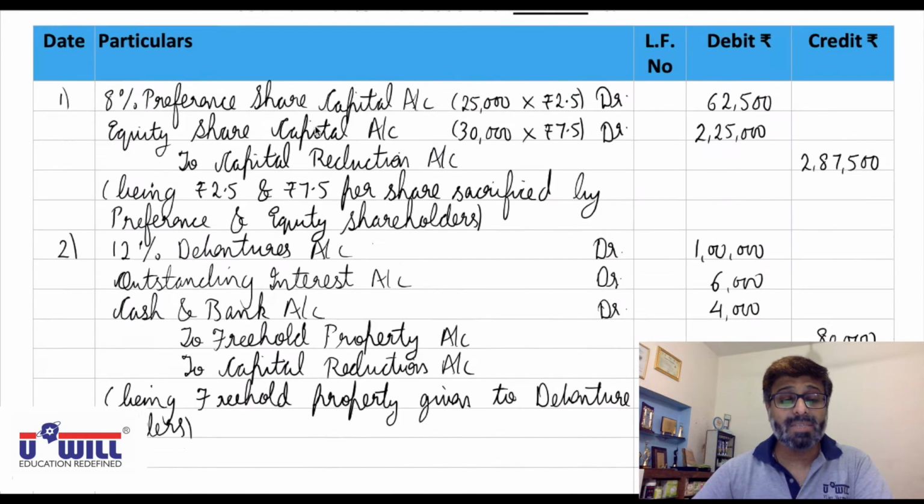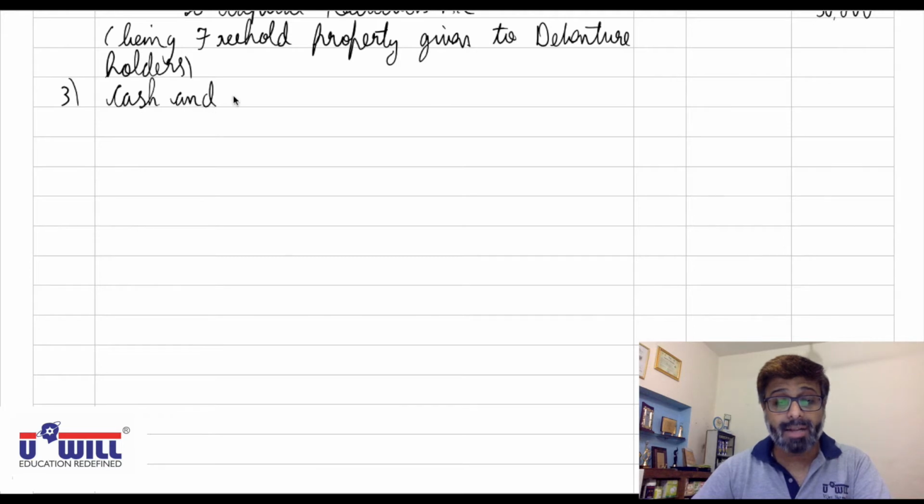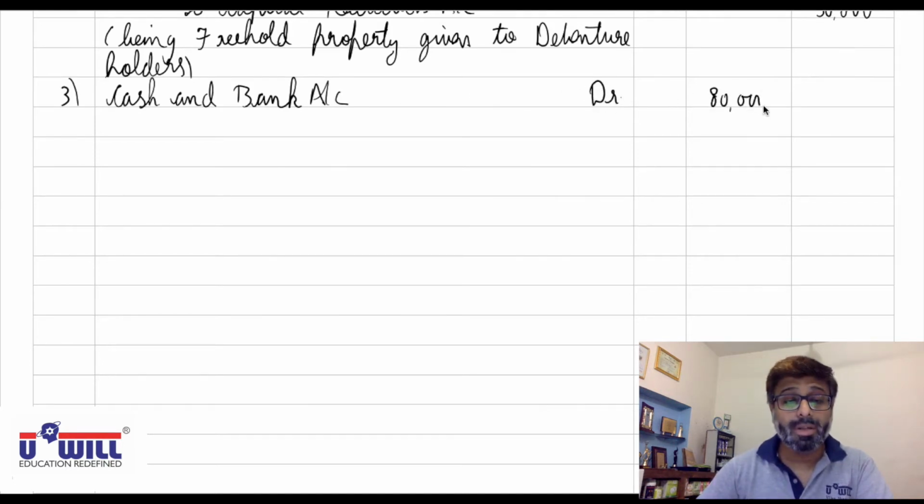Now investments are sold for 80,000. Cash comes in. Debit what comes in. So cash and bank account debit 80,000. Investments goes out. Credit what goes out to investments account.